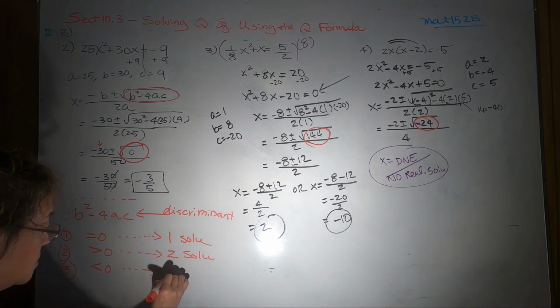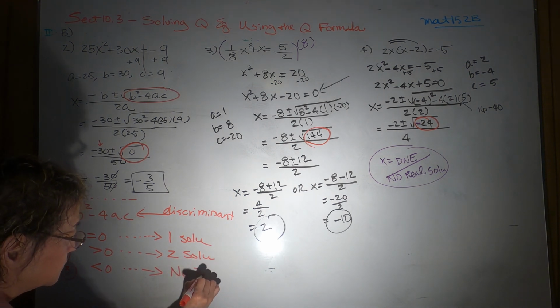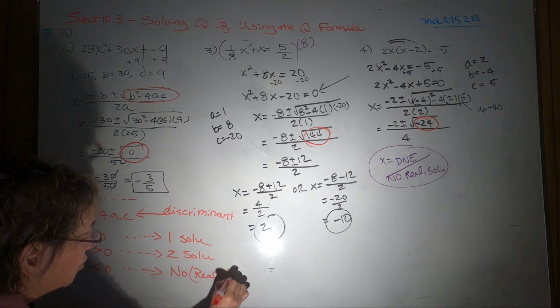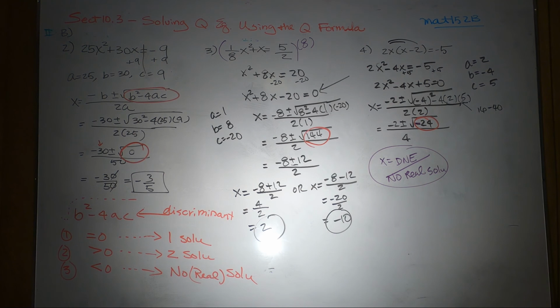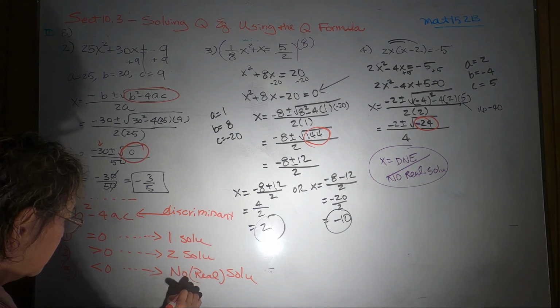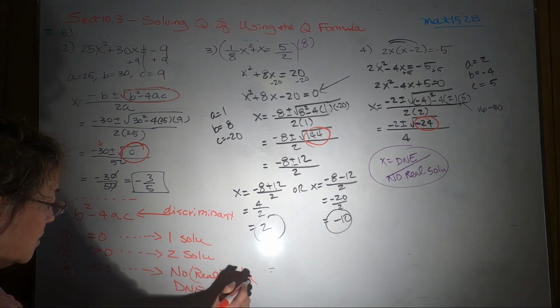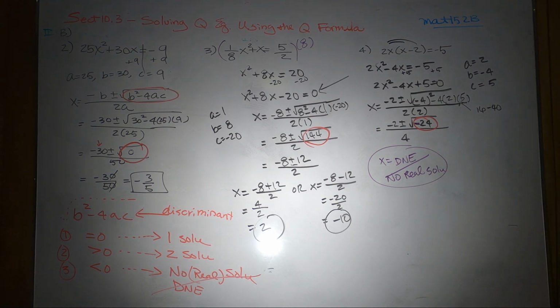We have no real solution. We have fake ones, but we don't talk about that. That will be in your pre-calculus class or calculus, right? Or we could say it doesn't exist. No solutions. Doesn't exist. Okay?